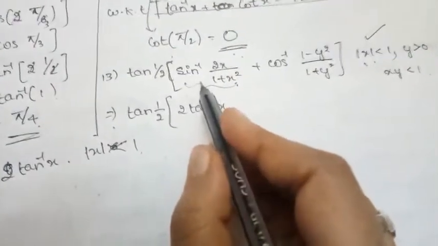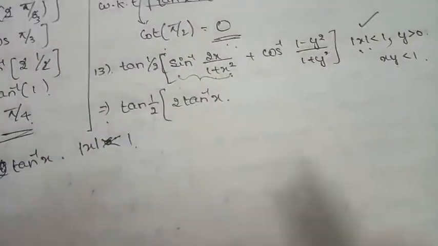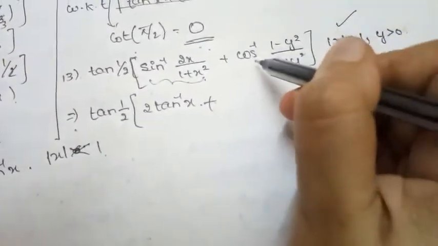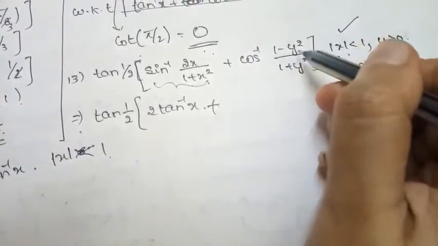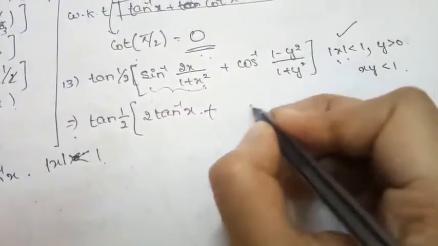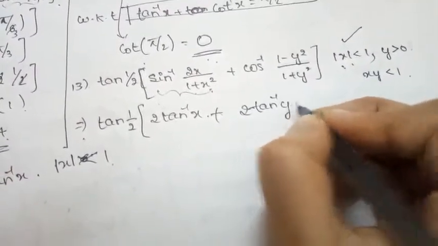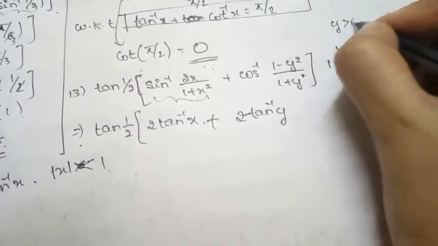So I can write sin inverse of 2x divided by 1 plus x square is equal to 2 tan inverse of x. Similarly, we have cos inverse of 1 minus y square divided by 1 plus y square. This one is equal to 2 tan inverse of y only when y is greater than 0.